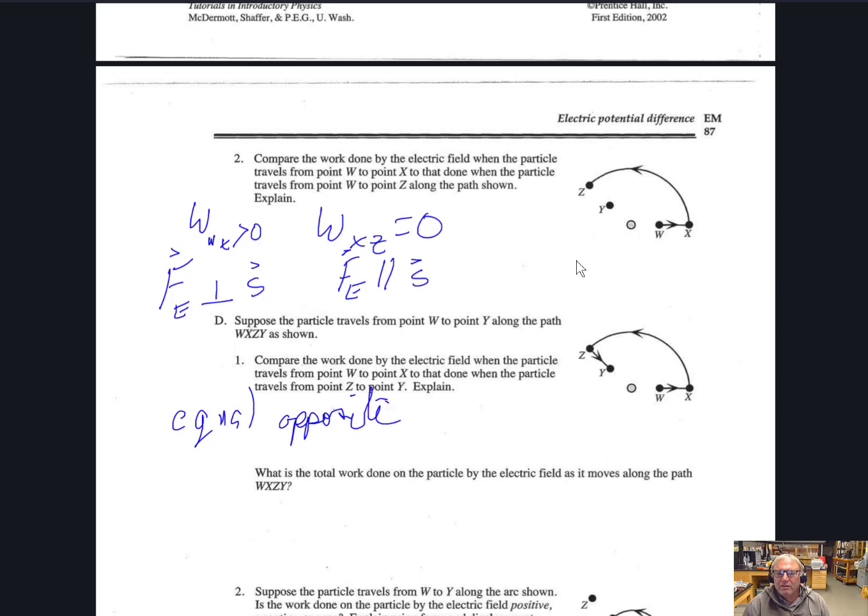Because the delta R in both cases is equal, and so then the force is not constant. Let's see.